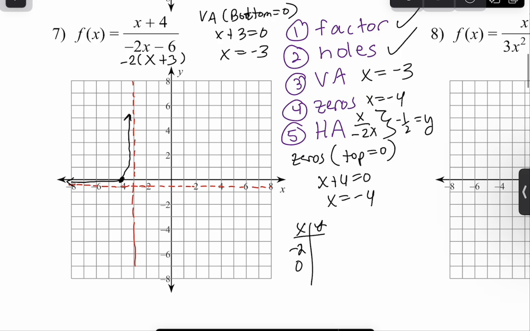Okay, so if we plug in negative 2, we get 2 on top. We get 4 minus 6, or negative 2 in the bottom, which is negative 1. So at negative 2, we're at negative 1. If you plug in 0, you get 4 over negative 6, which is negative 2/3.